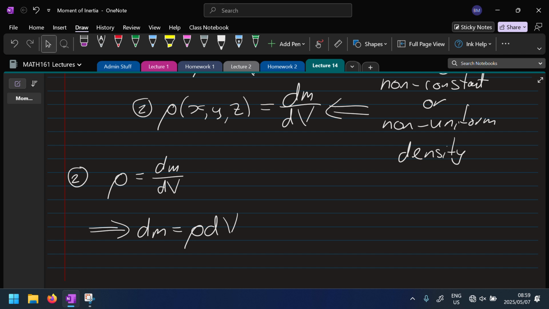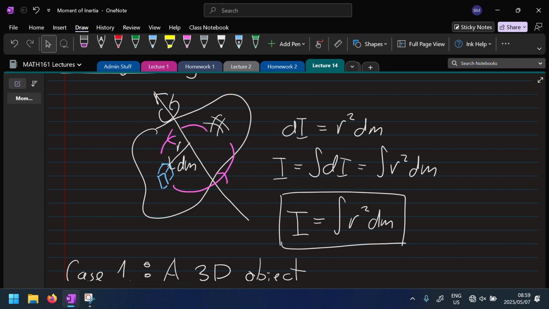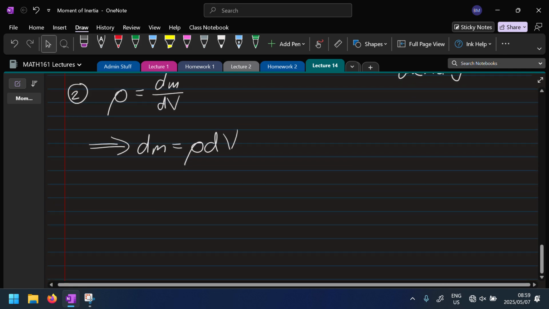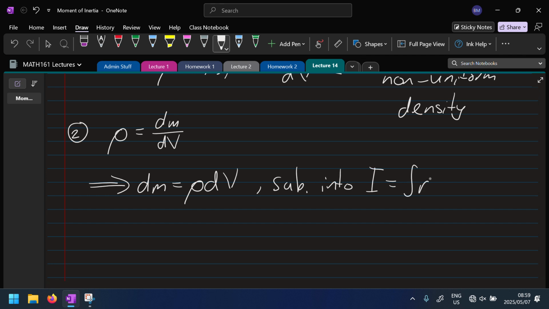So what we can do is take this equation and substitute it into what we had earlier. I is the integral r squared dm. We can replace that dm now. So sub into I equals the integral r squared dm. This now becomes I is equal to the integral of r squared. That stays. Then the dm becomes rho dv.